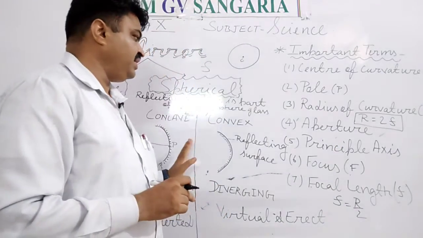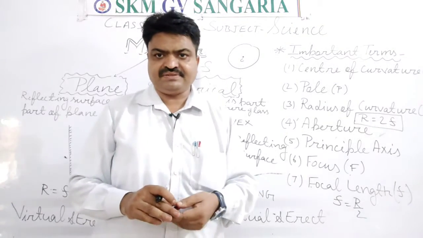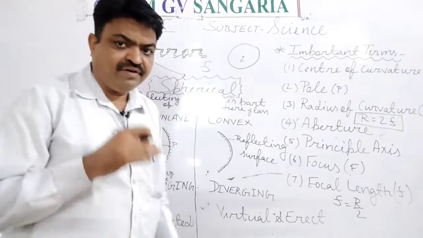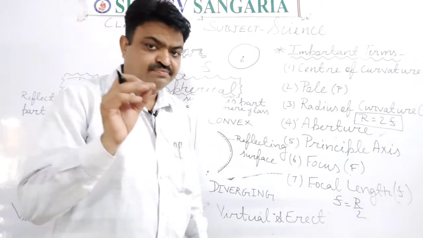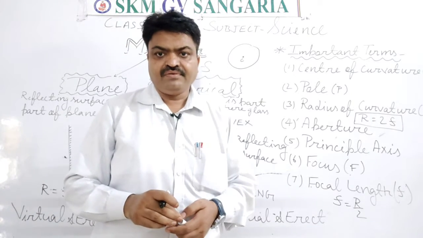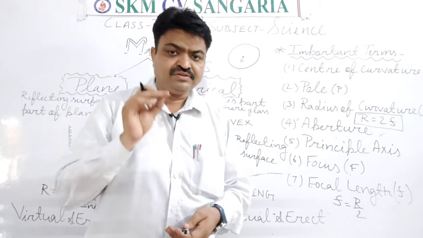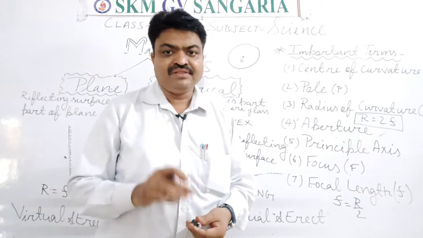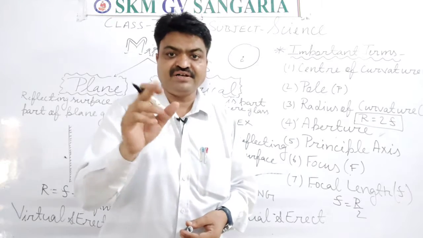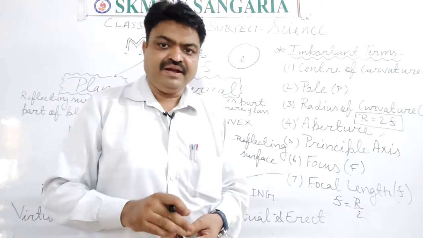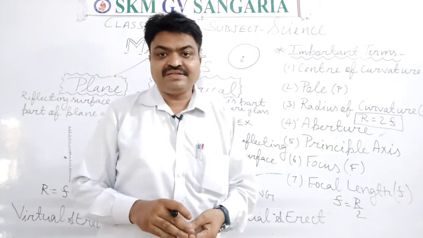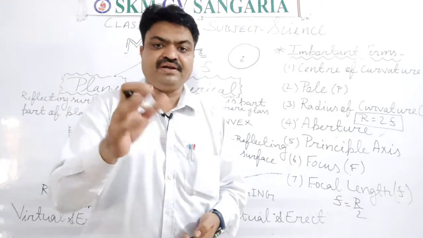Now we come to the principal axis, and it is most important, student. After this we will discuss image formation. In image formation, the first line you draw is the principal axis, and with its help you draw the different ray diagrams.